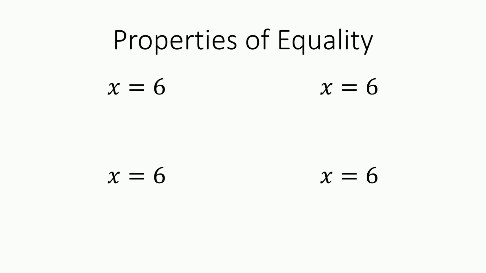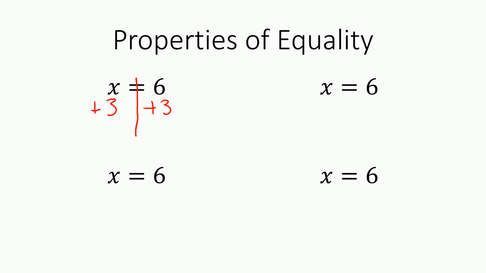So when it comes to the properties of equality, we're using them with equal signs and equations. So we think of the equal sign as like a divider. And when we say sides, that's what we mean, each side of the equal sign. So if I add 3 to both sides of the equation, I show that by writing it on each side of the equation underneath.